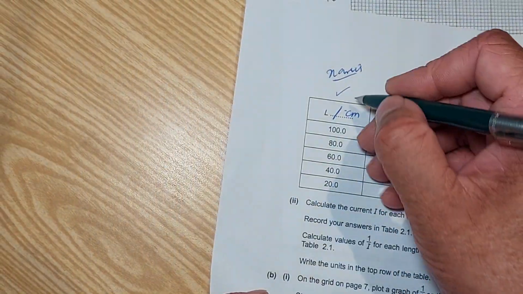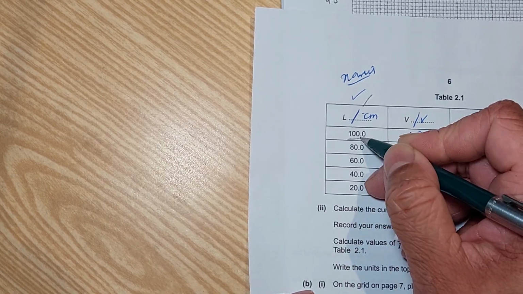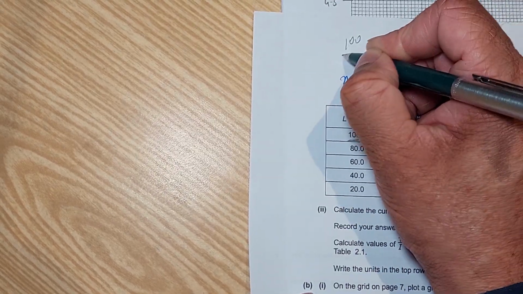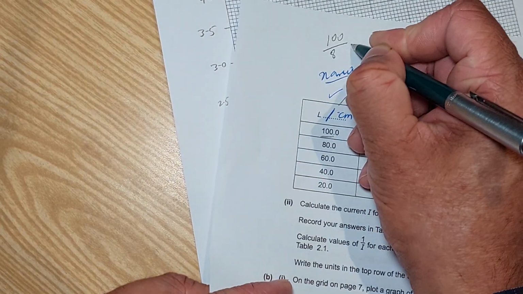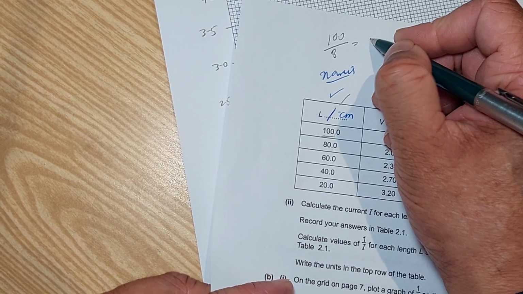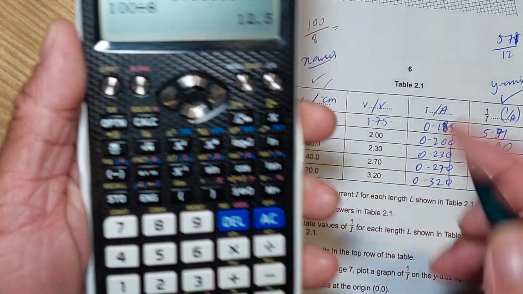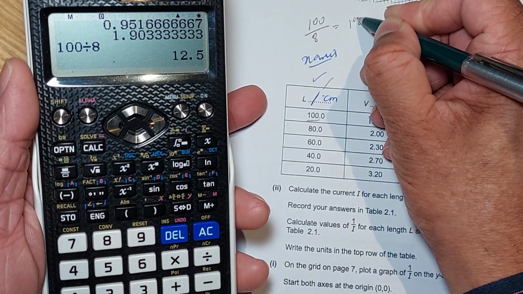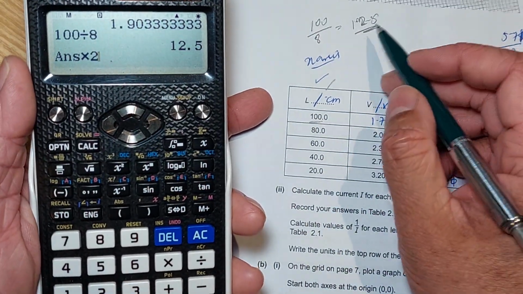Let's try the same thing for this. For this, we see the scale has to go from 0 to 100. So that means 100 is the total, and there are 8 large squares on this side. So 100 divided by 8 gives you 12.5.